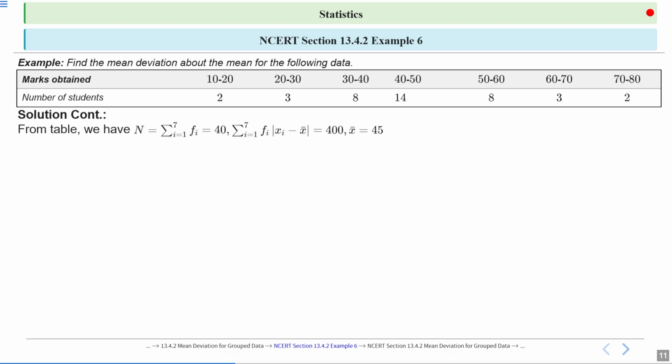We are also given that the sum of the products of frequency and the absolute deviation from the mean is 400, written as summation fi into mod of xi minus x bar equal to 400, and the mean x bar is given as 45. So these values will help us calculate the mean deviation.